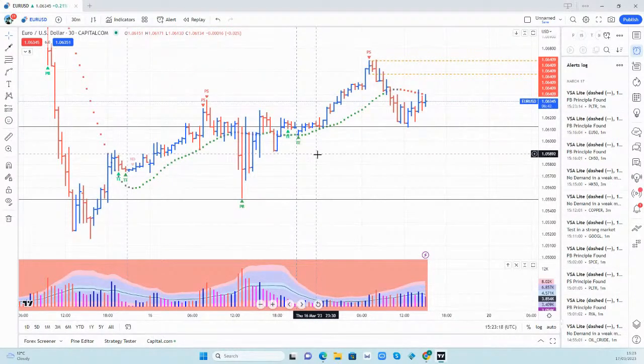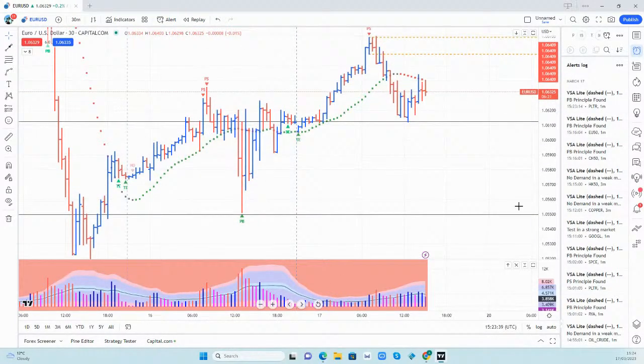But again, you need to look at multiple time frames and make sure that your positioning is correct and it matches to multiple time frames to the 30 minutes chart before you enter the trade. Now, my example is very simple.